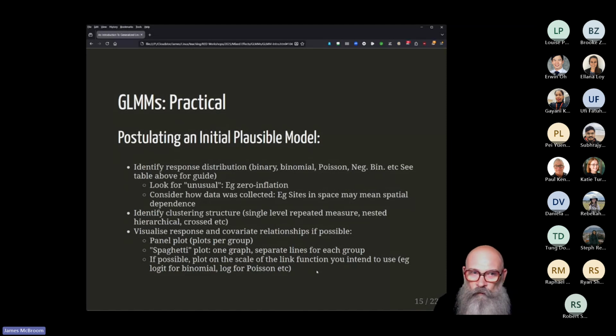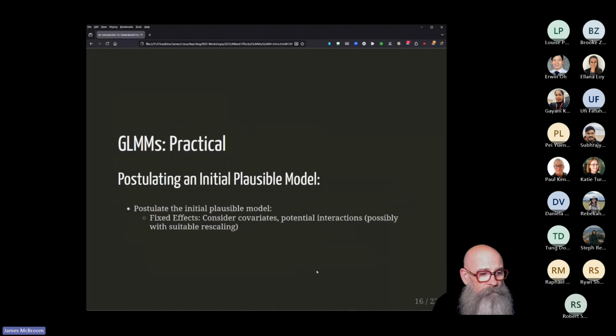If you just plot the raw counts from a Poisson random variable, for example, against numerical covariates, you probably expect to see some sort of logarithmic relationship if your GLM is correct, because that's what it specifies in the link function. If you can convert it over to the link function scale before you do that graph on the Y variable, then you can look for linearity. People can see linearity better than they can see logarithmic relationships. Trust me.